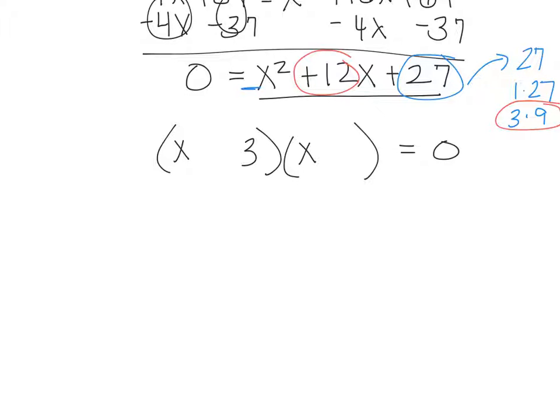I can put a 3 in the first parenthesis and a 9 in the second. Since the middle sign and the last sign are both positive, I know that both of my signs in the parentheses will be positive. You can always check this by multiplying it out to make sure that you get the original polynomial. Now that I've factored this, I can set each factor equal to 0 and solve.